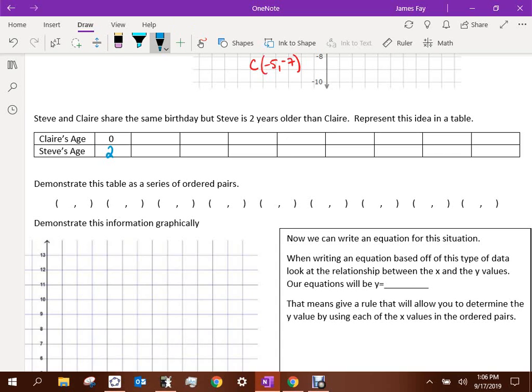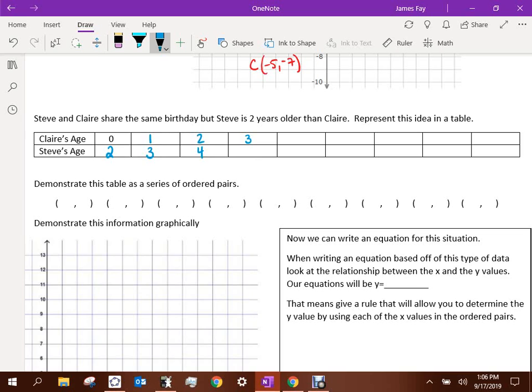Now, just doing what I did in the last class, let's just go to Claire's first birthday here. I could skip to her second birthday or third birthday or fourth birthday, okay? But I'm just going to go to her first birthday. So if it's Claire's first birthday, it's Steve's what birthday? Third birthday, right? So we got a 3 here. If Claire turns 2, Steve turns 4.